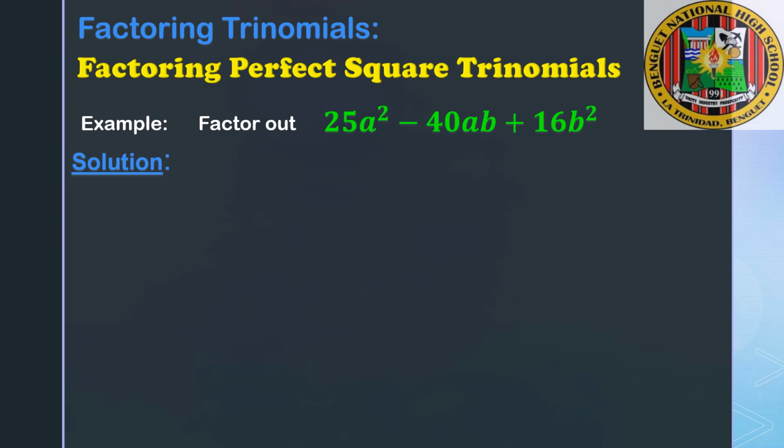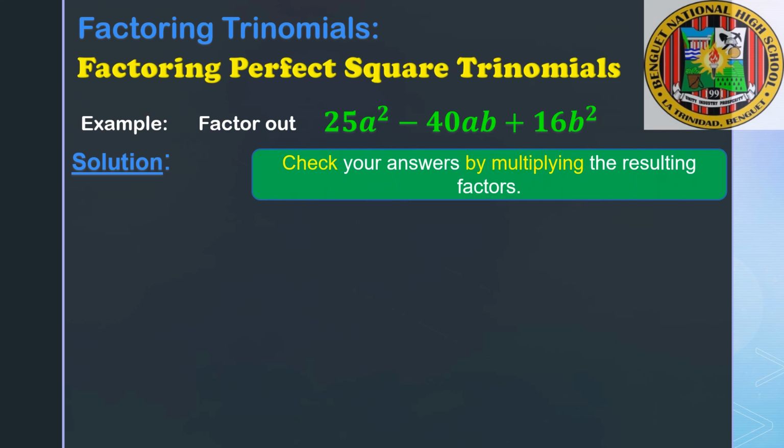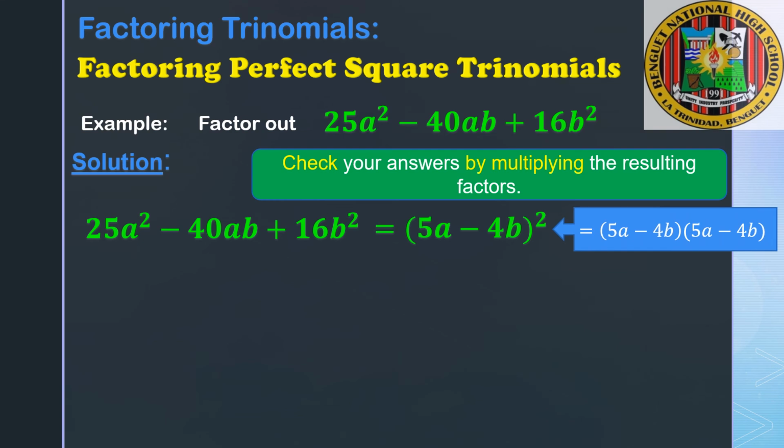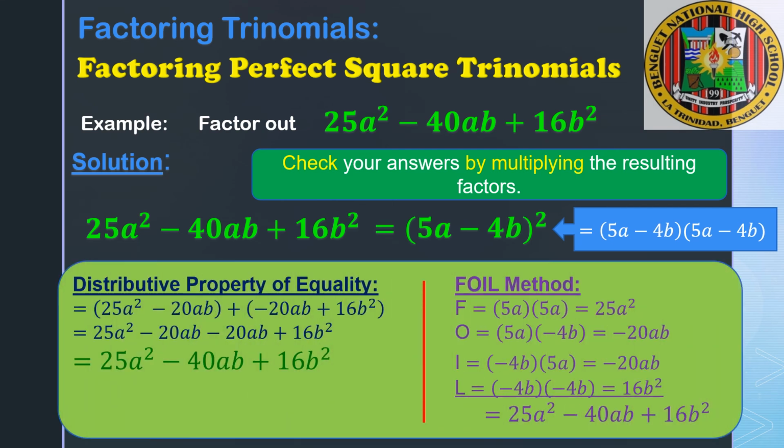Lastly, we check our answers by multiplying the factors to confirm that our factors are correct. So we rewrite the quantity 5a minus 4b squared into its expanded form, the quantity 5a minus 4b times the quantity 5a minus 4b. Looking at the solutions when we multiplied our factors, we can see that their product is equal to the given polynomial, and this means that our answer is correct.